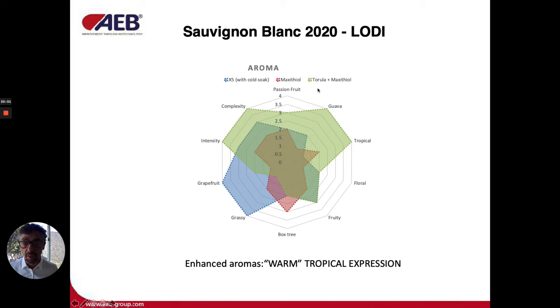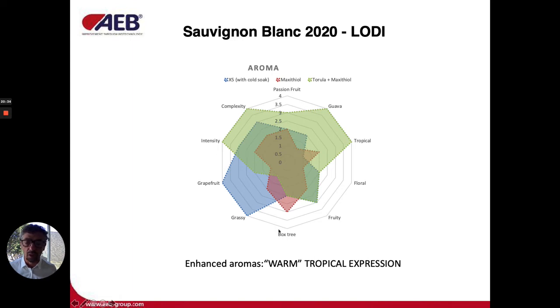I had the fortune actually to taste this trial, and to me, this graph represents exactly what I remember tasting. It was a wine with very high expression of guava, tropical, complexity in general. As I was saying, it almost felt like tasting a natural wine without the funkiness. X5 was very grassy, like normally it is.